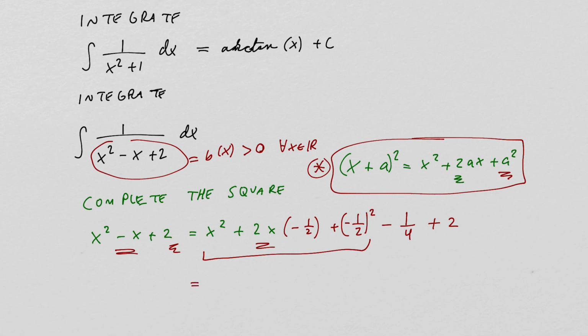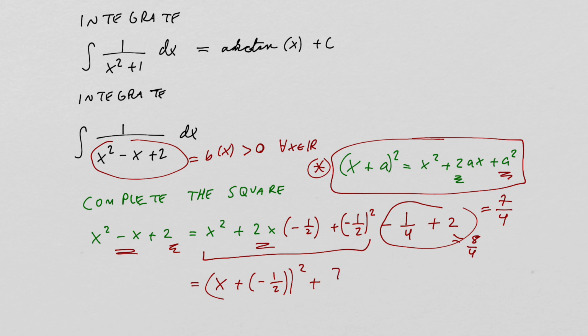We will get x plus -1/2 squared plus, and these things here will give us 2 times a divided by 4, so we'll get in total 7/4. We are done.